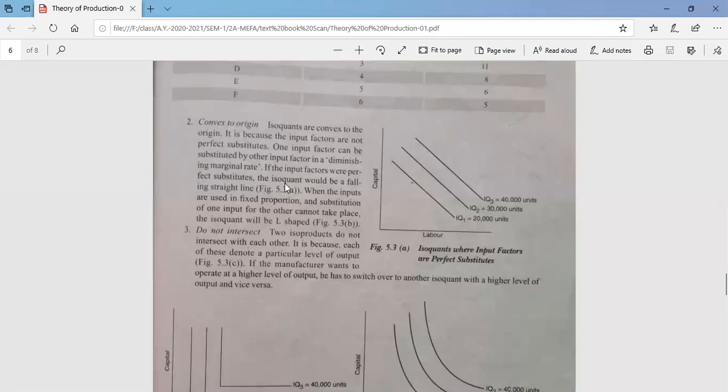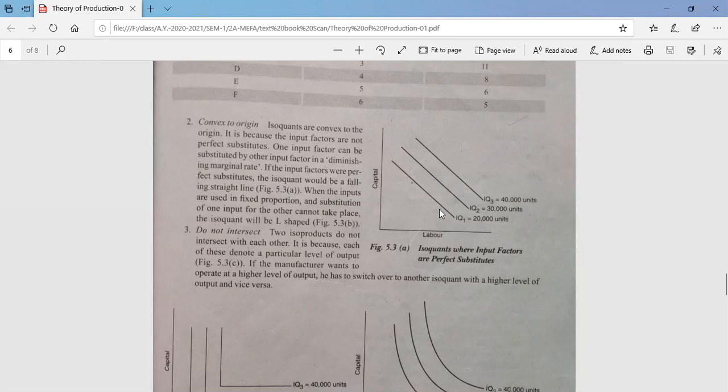If that is the case, your capital and labor will be like this. For producing 20,000 units, this is the thicker line. It will be just like a straight line, not touching the axes, that is the y-axis and the x-axis. So these are the combinations. The values of A, B, C, D will be on this line only.